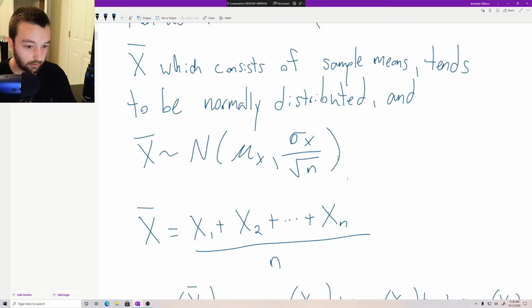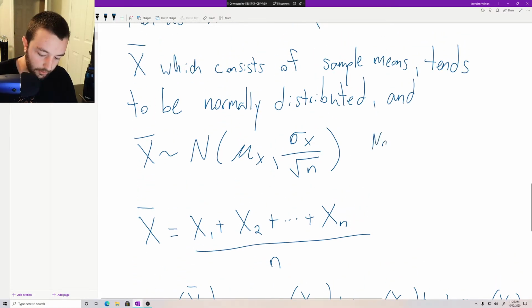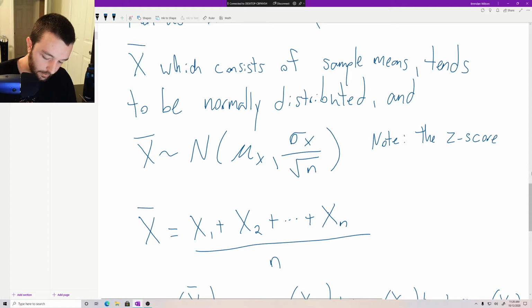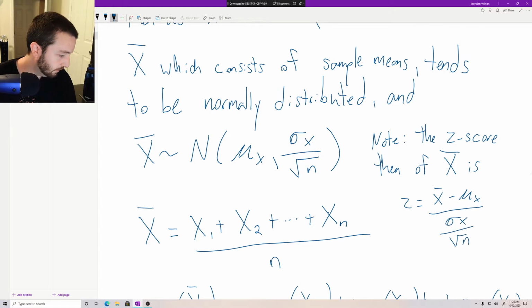Here, let me write on the side here. Note the z-score then of x bar is z equals x bar minus mu x over sigma x over root n.